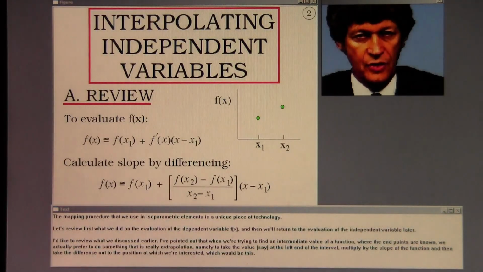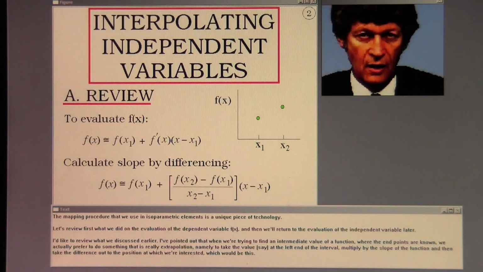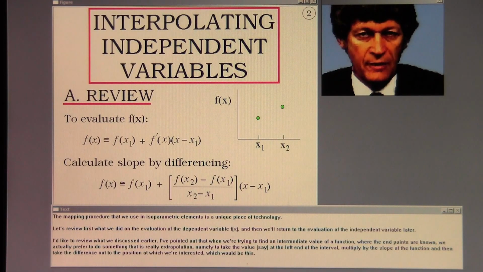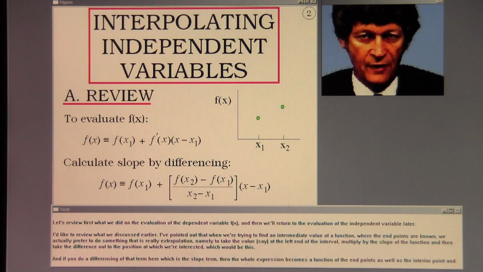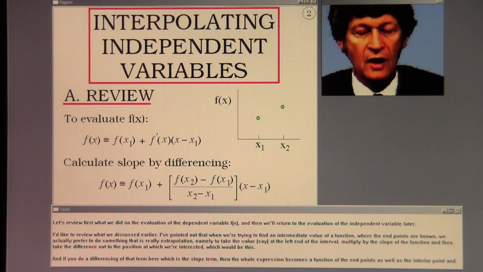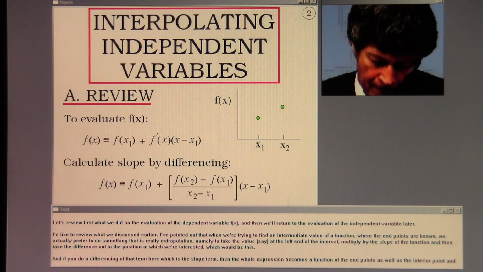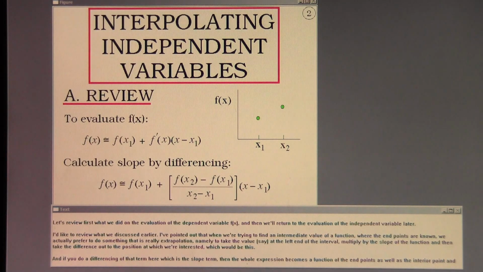The mapping procedure that we use in isoparametric elements is a unique piece of technology. Let's review first what we did on the evaluation of the dependent variable f of x, and then we'll return to the evaluation of the independent variable later. I'd like to review what we discussed earlier.